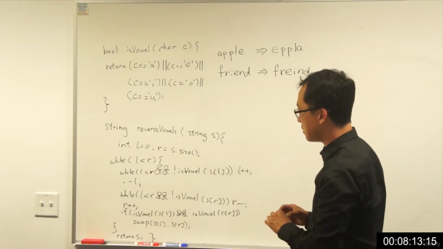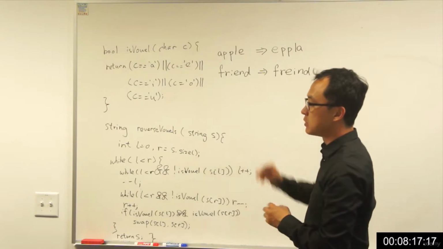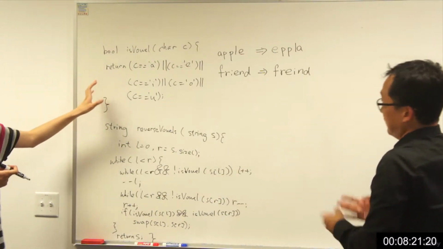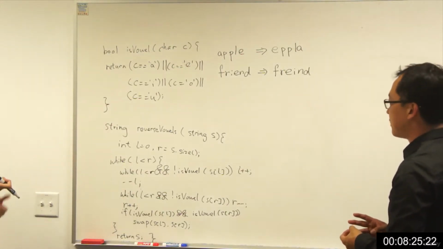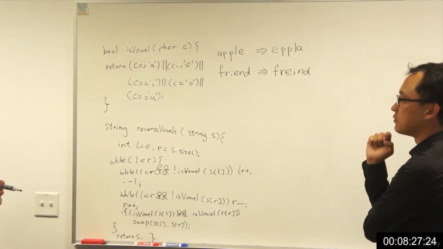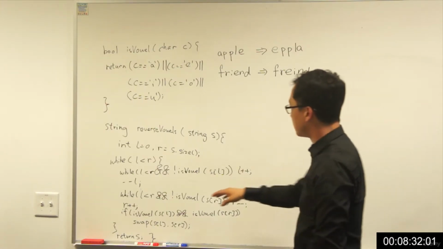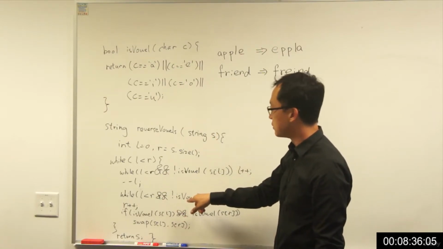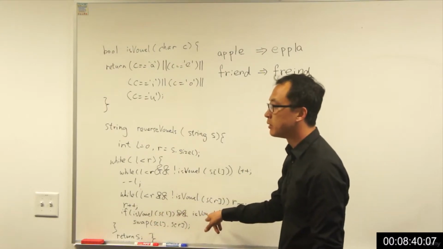Yes. So, is there any way to reduce the calls to the is vowel function? You're saying the is vowel function is heavy and you want to reduce the number of times you call it? Yeah, I think you are calling this function twice for the same character. Yes, you have one here and one there.